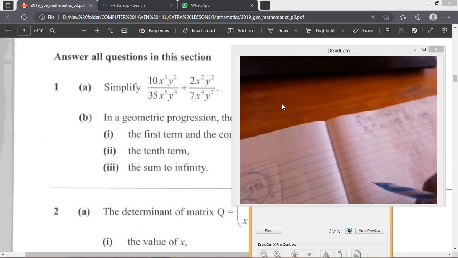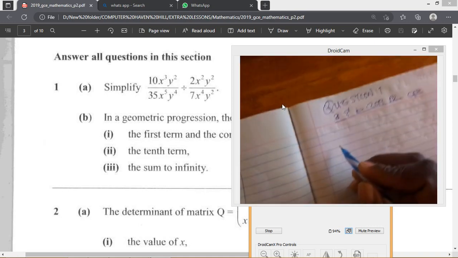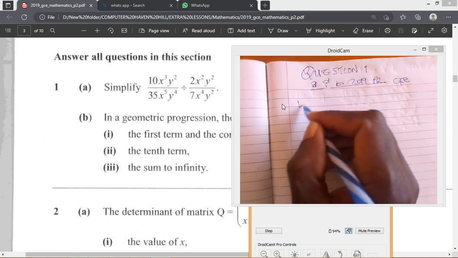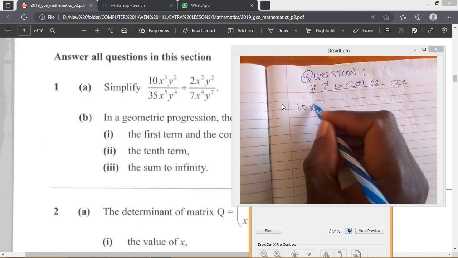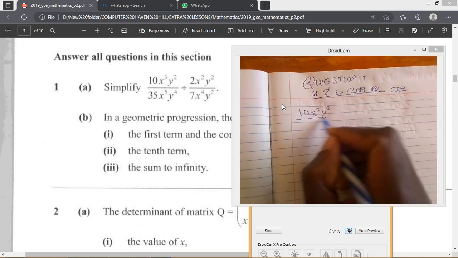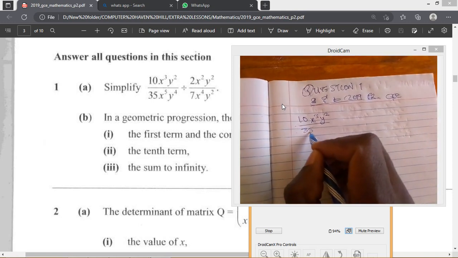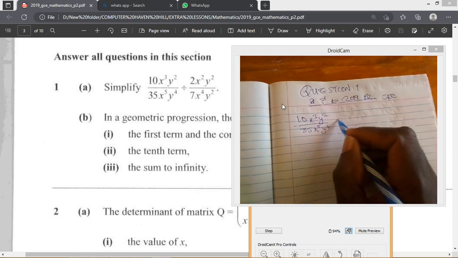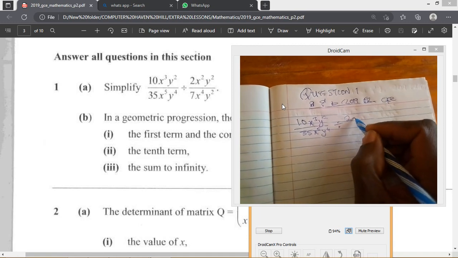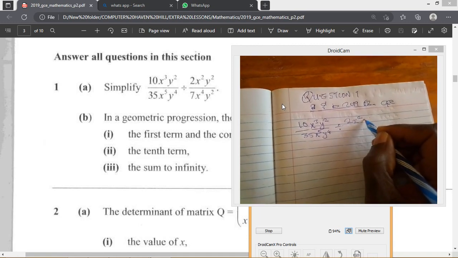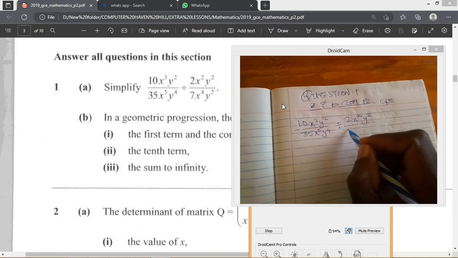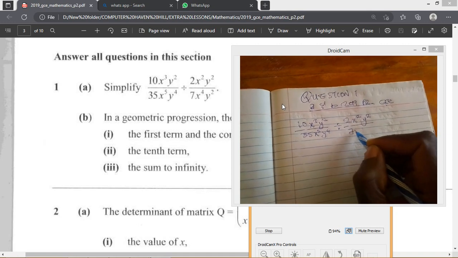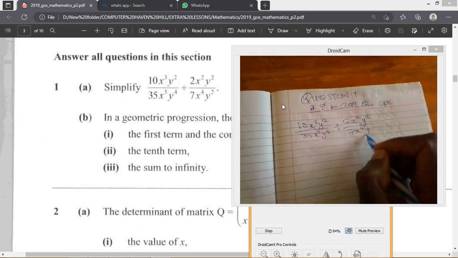The question says: simplify 10x^3y^2 over 35x^5y^4, divided by 2x^2y^2 over 7x^4y^2.